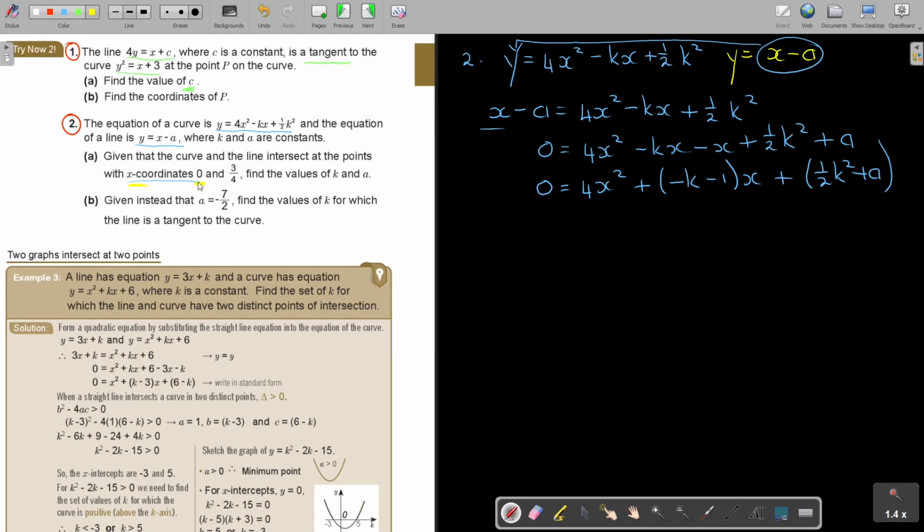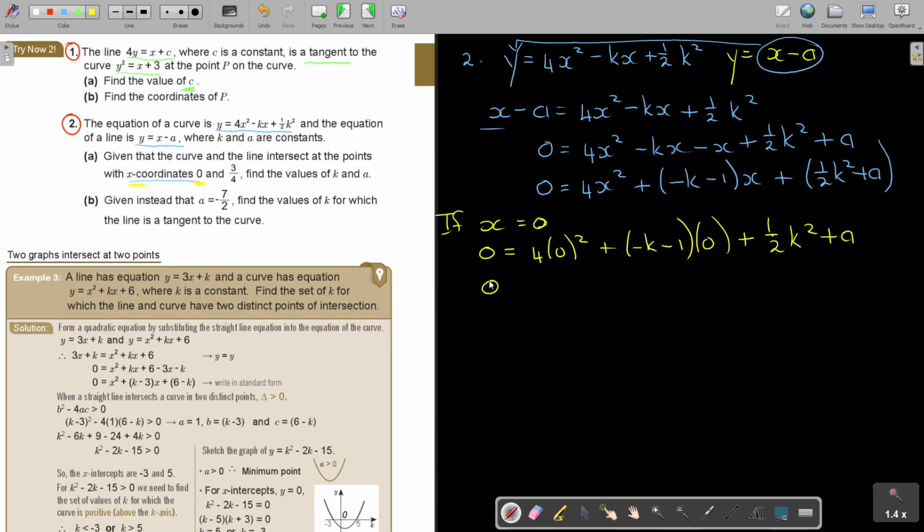Okay, so let's start. If x is equal to 0, then it's going to be 0. So 0 equals 4, and I put a 0, plus negative k, negative 1, and I put a 0, plus a half k squared plus a.